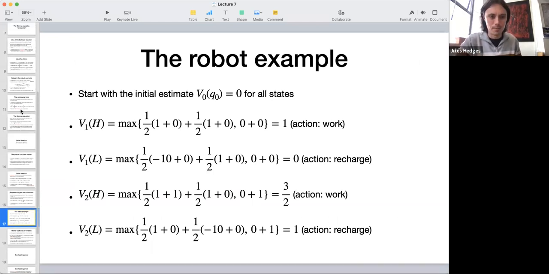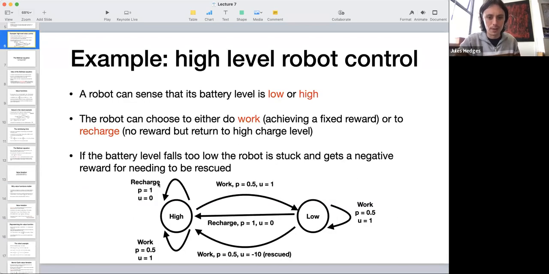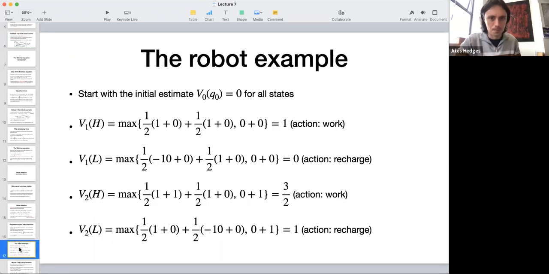Let's look at our old friend, this robot control example. Suppose we start with the initial estimate that the value of both states is 0. Now, let's just start iterating. The next estimate for the value of the high state is going to be the maximum of 2 things, namely the thing that would happen if we follow the work action, and the thing that will happen if we follow the recharge action.